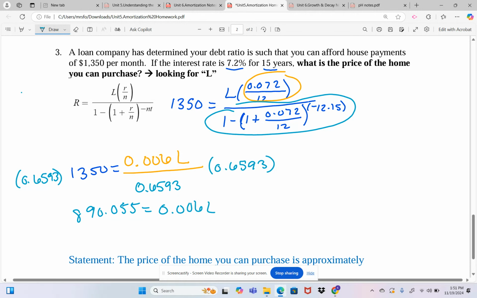And then we can divide by the 0.006. And that gives us, we can afford a $148,342.50 house. Okay, so approximately.